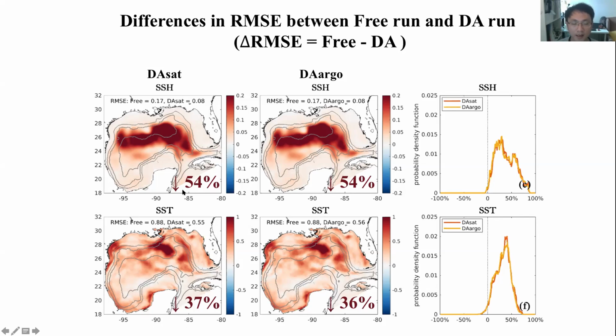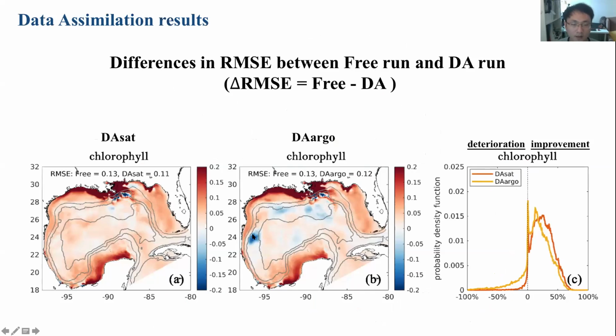For the SSH, the largest improvement was obtained in these regions, which are influenced by the loop current and loop current eddies. We also show the overall relative improvement by these large numbers. In general, the data assimilation improved the SSH by more than 50% and improved SST by more than 30%, quite close to 40%.